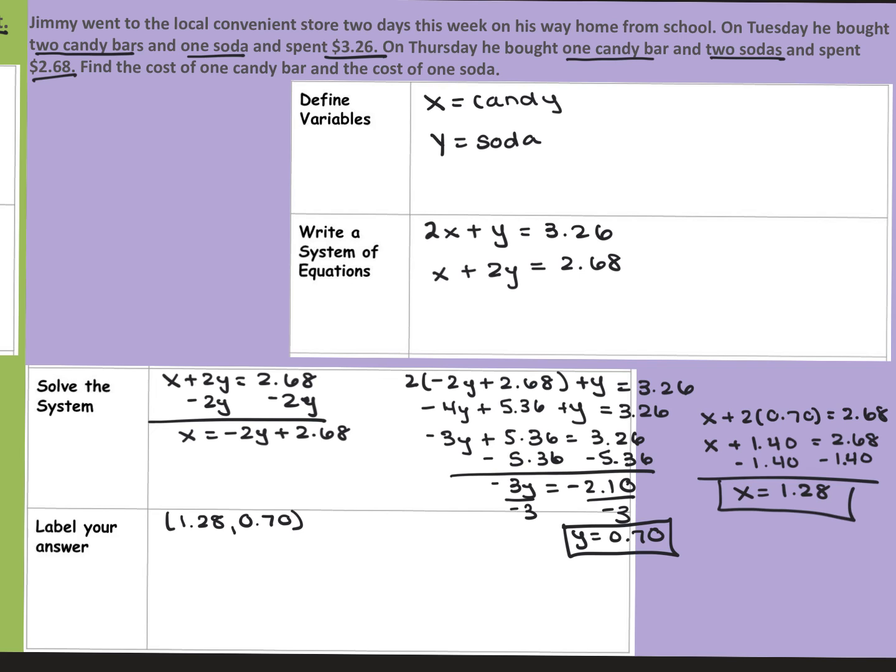And what does this tell us? This tells us that a candy bar, since we label candy as our x, candy bar cost $1.28, and a soda cost 70 cents.